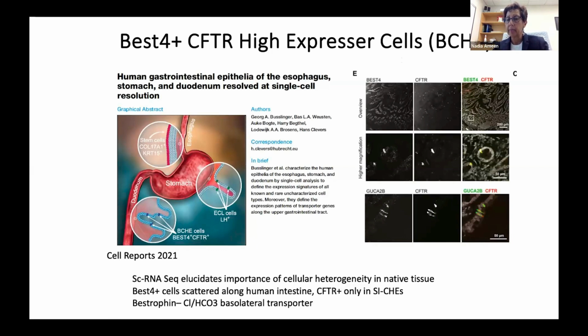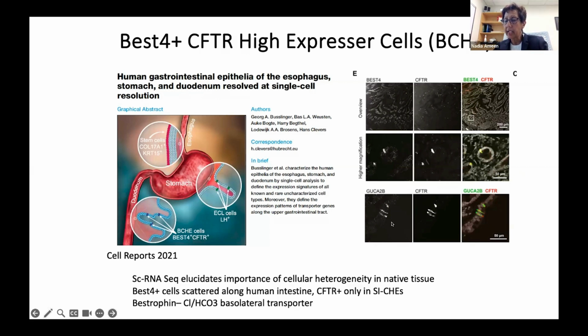The image shown here is that CFTR co-localizes with bestrophin 4 by RNA. And at higher magnification, you can see, just as I had published in 1995, that these BEST4 positive cells are in the superficial crypt and also on the villi. And here you can see BEST4 positive CFTR positive cells in the crypt.